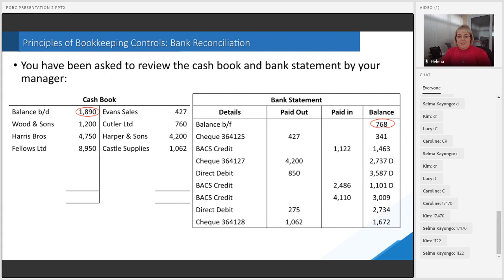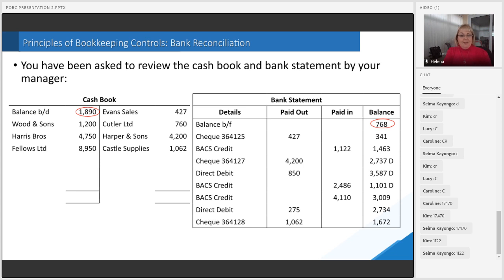So it's a mathematical approach now, guys. You've told me the difference is 1,122, and that balance will appear at the top of your bank statement. And you can see it's there. It's a paid in balance. The reason it's a paid in balance is because last period, it was already in my cash book, on the debit side of my cash book. So last period, it would increase my bank figure by 1,122.